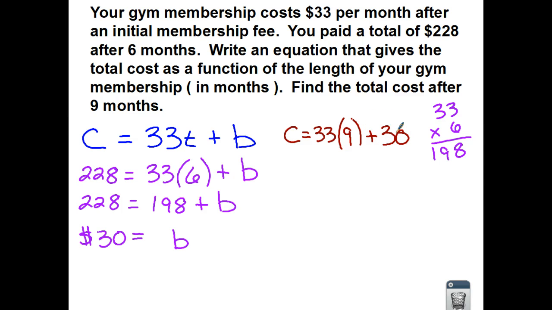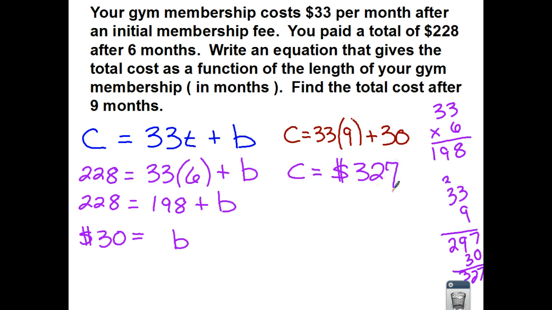All right, so let's go off to the side again. We have 33 times 9, which is going to be $297 plus 30. So you have $327. So the cost after 9 months is going to be a total of $327.